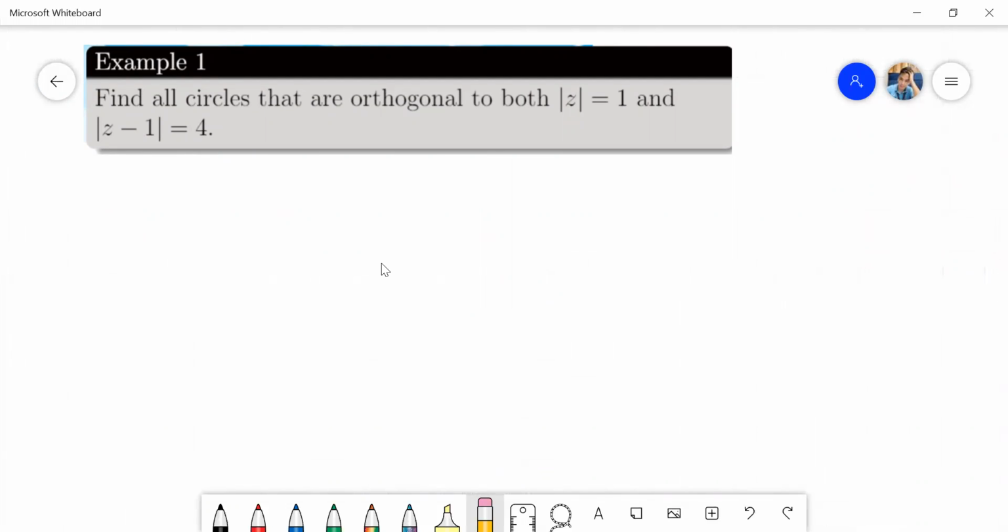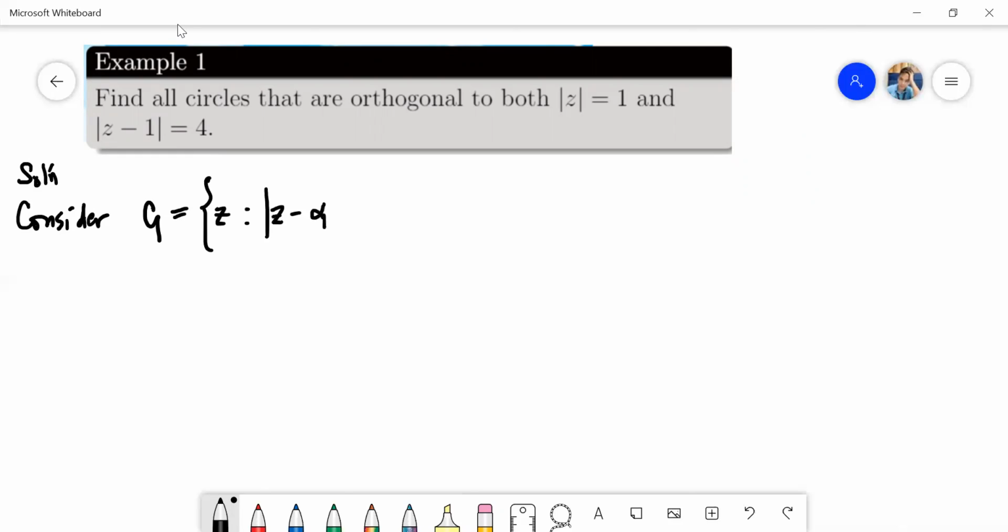So to solve this, we will have to consider two circles that are orthogonal, of course. Consider the first circle, C1, that's z such that modulo of z minus alpha 1 equals R1.